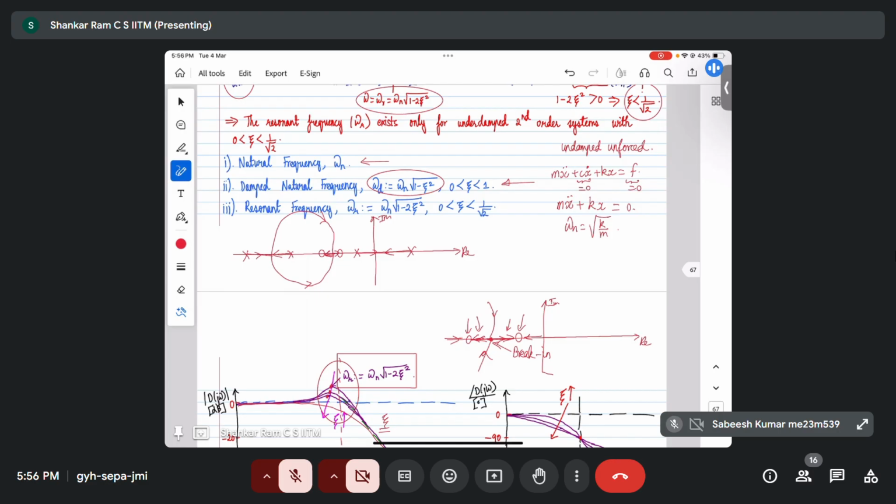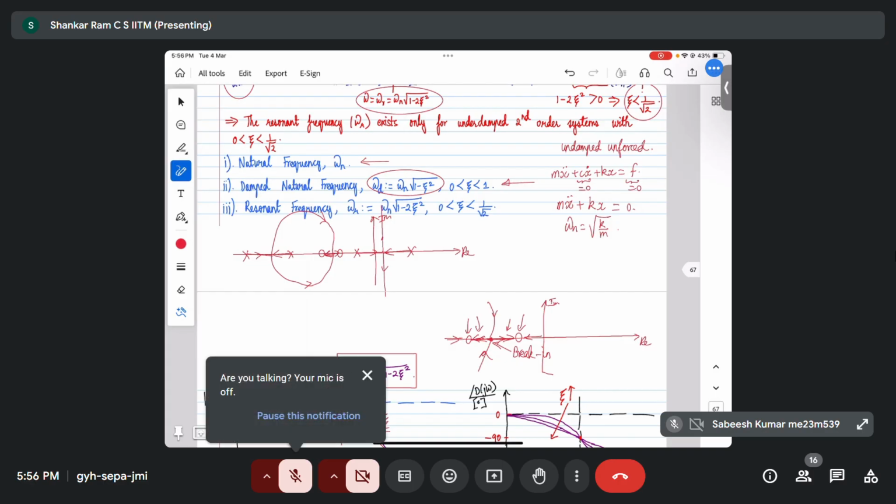You may have a breakaway point like this, and finally a break-in point also, with some asymptotes like this. Once again, we need to work out the real transfer function. I'm only explaining the concept. When we work out the actual case from the real system's open loop transfer function, we'll be able to generate all these things and also understand them.